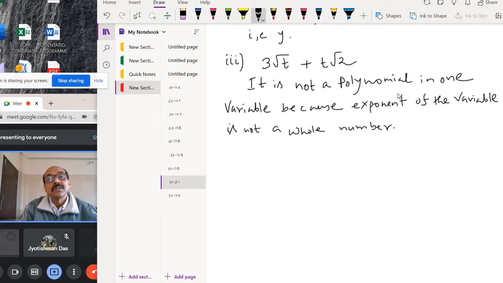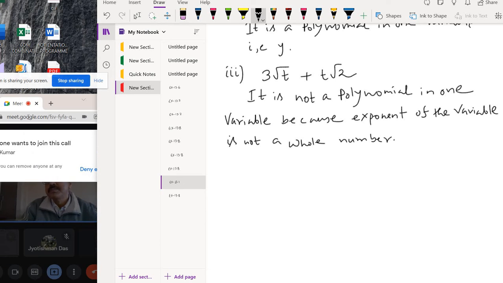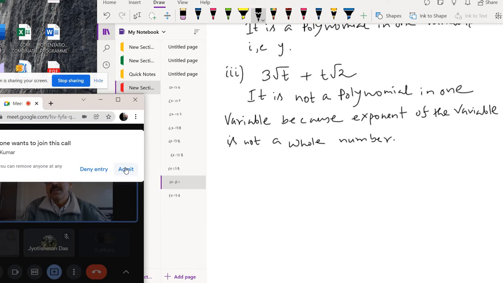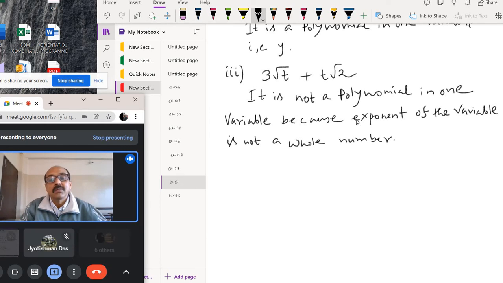See, the question is 3 root t plus t root 2. So root t means t to the power half. Half is not a whole number. So it is not a polynomial in one variable because the exponent of the variable is not a whole number. Okay.